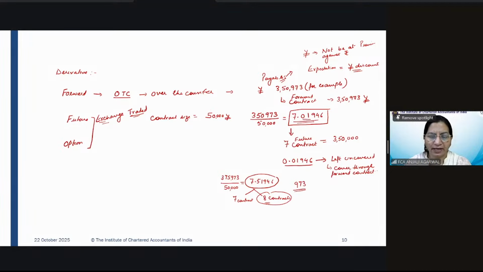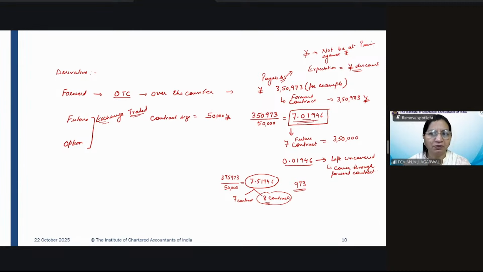Leading means you make the payment beforehand. So if you think that yen is going to be at a premium, I don't want to make the payment on 30th June. I'll make the payment right away. If I lead the payment, I'll make it beforehand. But if I think the yen is going to be at a discount and it will continue, I might not make the payment on 30th June.